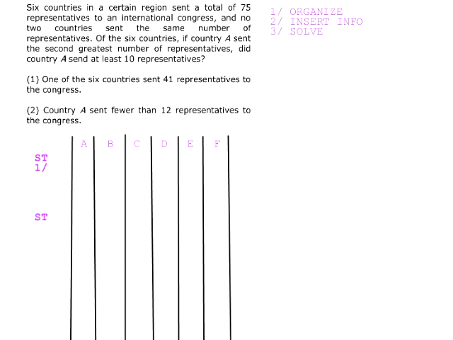Statement 2, and then if we have to combine them, we can combine them if necessary. Okay, insert information. The goal here is to go through this paragraph exactly 1 time and then be done with the paragraph forever. Because that's where efficiency comes from, is not having to go through the same information repeated times.